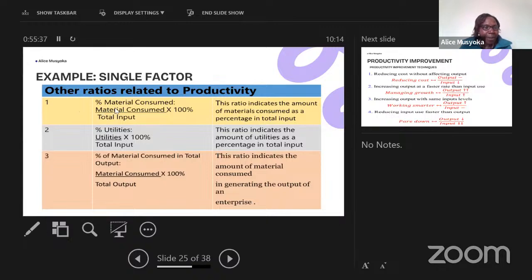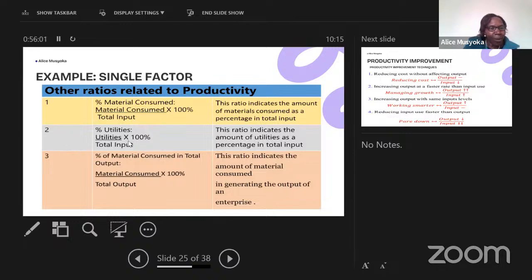For instance, percentage materials consumed, where we will look at materials consumed divided by total input times 100. And this will give us the ratio, which indicates the amount of materials consumed as a percentage in total output.